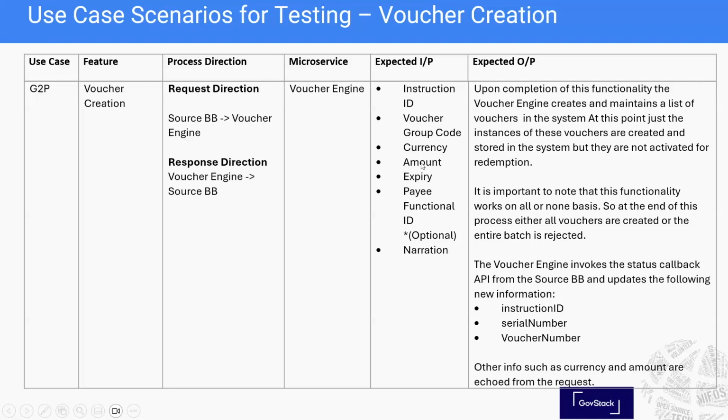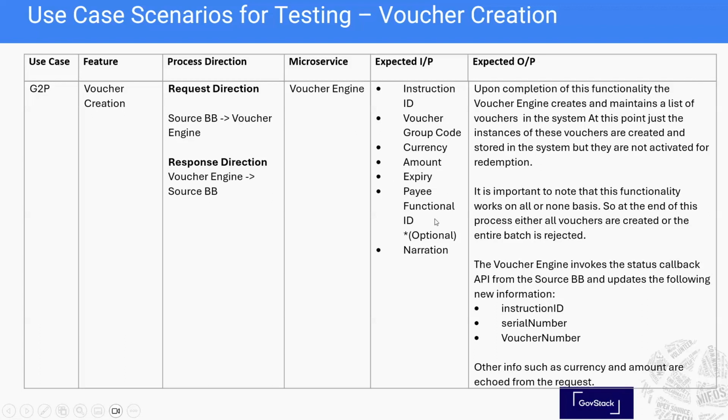And this is where we also said that the prerequisite of voucher creation is that sufficient funds are provisioned in the account and that payment hub knows it. So payment hub would validate whether the amount is sufficient for voucher creation or not.